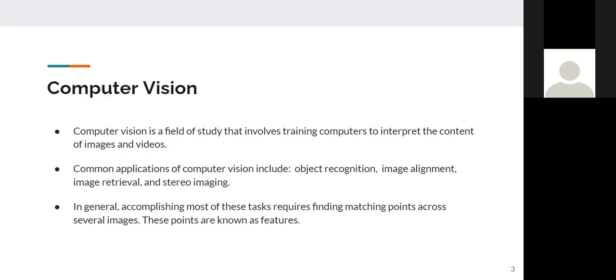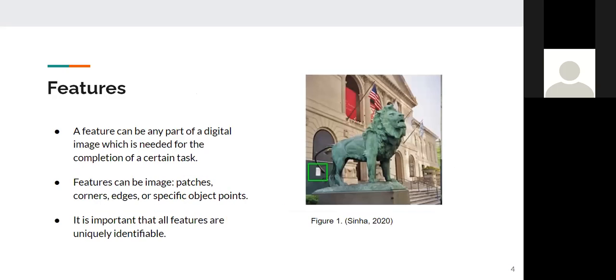In general, accomplishing most of these tasks requires finding matching points across several images or viewpoints, and these points are known as features. A feature can be any part of a digital image which is needed for the completion of a certain task. So if we are doing image matching, for example, your features would be points that are visible in both images. Features can be image patches, corners, edges, or specific object points.